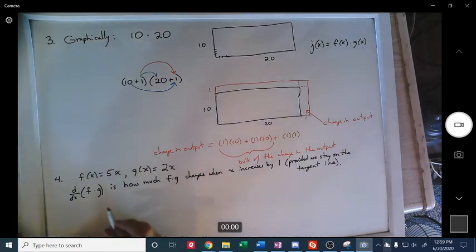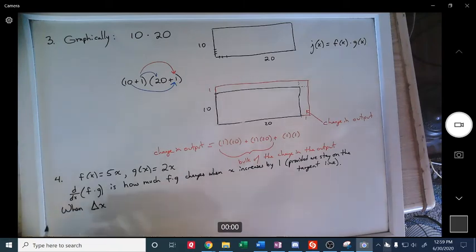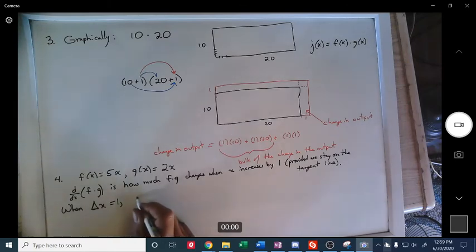All right. Now we're going to use this notation delta x. Delta x means change in x. You might be used to that from slope. Delta y over delta x. If delta x is equal to 1, how much is the change in the f going to be?